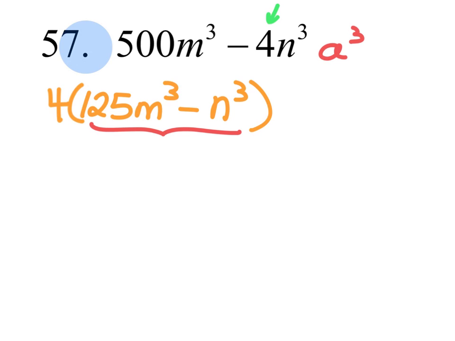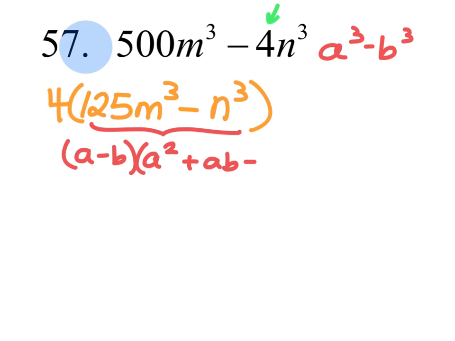Now I'm going to keep factoring this part, and that is the difference of two cubes. It's in the form a cubed minus b cubed. Again, we want to use our formula. Our formula for this one, just a tiny bit different than the sums, is going to be a minus b, same. Then we have square, opposite product, and square again.